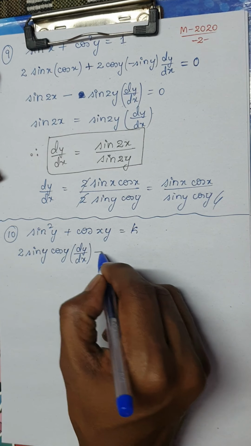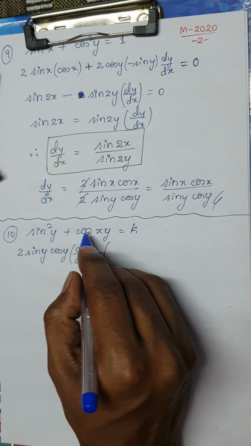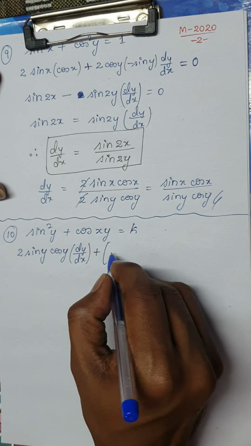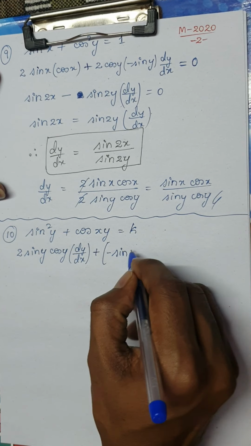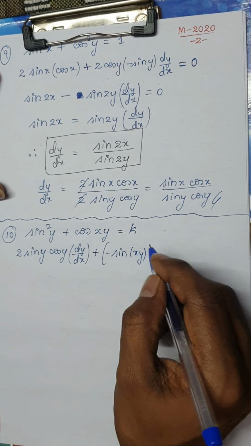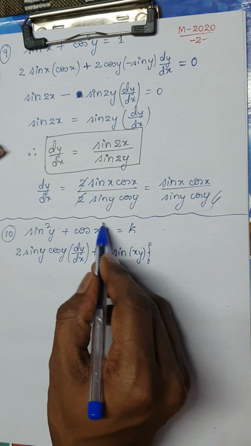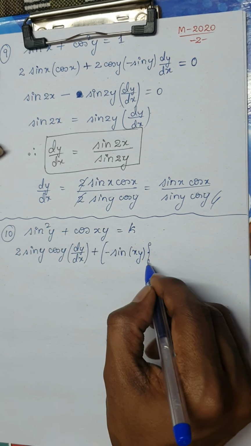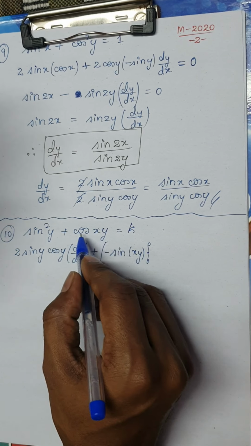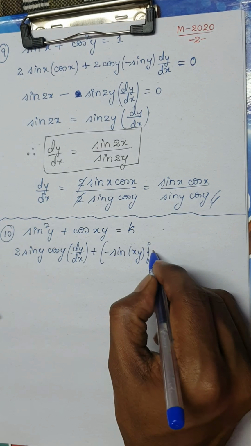Okay, now plus. Now what is derivative of cos of f of x? Derivative of cos of f of x is minus sine of f of x into, remember, you have to differentiate x into y. Again, inside is a product rule. Okay, cos of, you have a product rule. Please be careful.